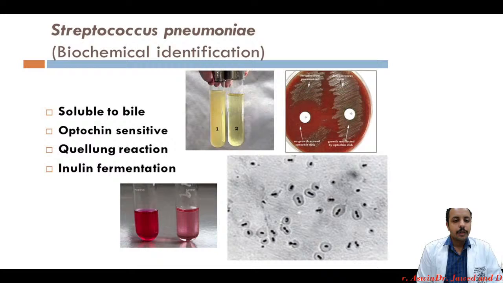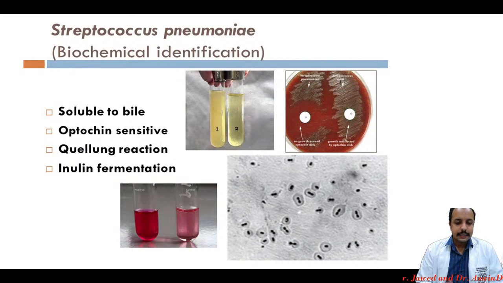And also coming to the biochemical identification of Streptococcus pneumoniae, it is important to differentiate it from other alpha hemolytic Streptococcus, that is Streptococcus viridans. First of all, solubility in the bile. Streptococcus pneumoniae is soluble in the bile due to the enhanced solubility of Streptococcus pneumoniae in the presence of bile.